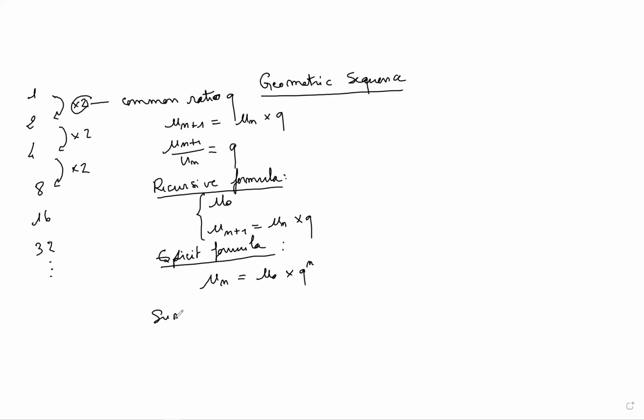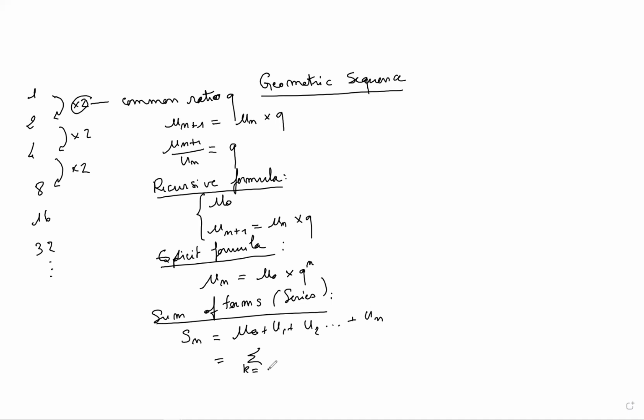The sum of the terms. I already said it for the arithmetic sequences, but the sum of the terms of a sequence is called a series. So this is a geometric series. Sn is like U0 plus U1 plus U2, and once again you can start from something else than 0, plus UN, which we'll denote with sigma notation, which means the sum from 0 to n of the terms.